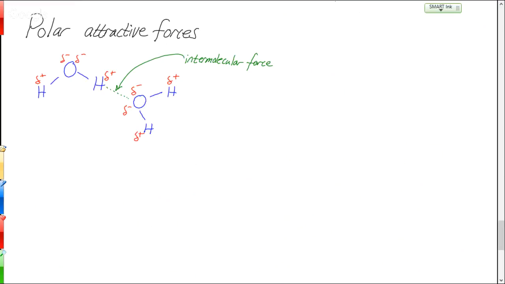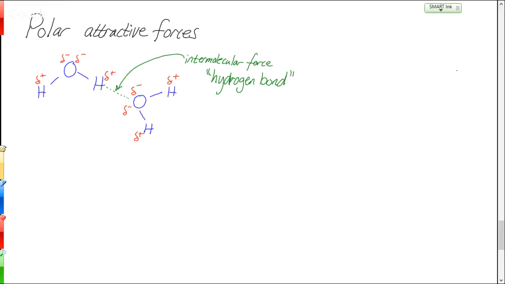The type of force that this is, confusingly, is called a hydrogen bond. The reason I say that's confusing is it's not a covalent bond. It's an attractive force between molecules, but it's called a hydrogen bond.